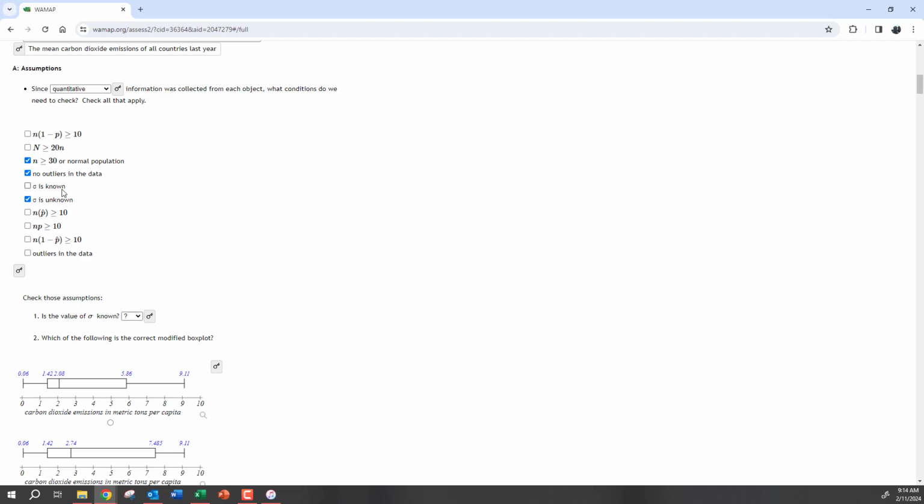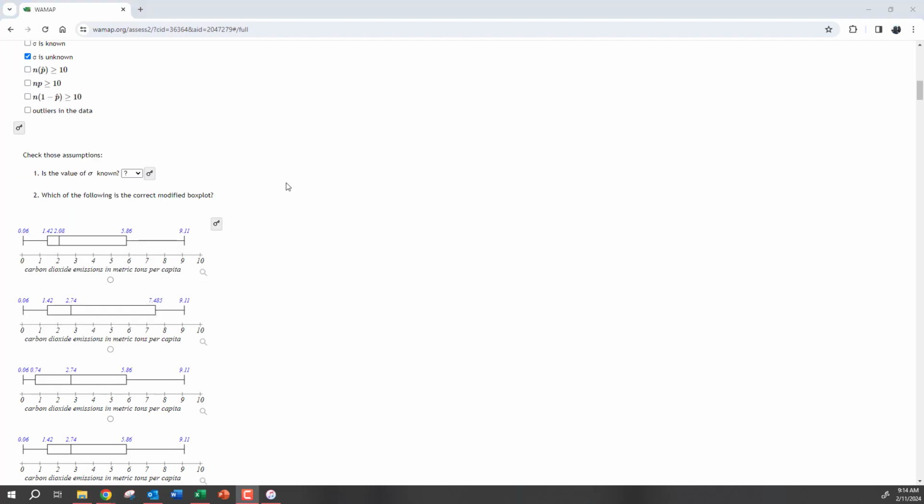But when sigma is unknown, as it is here, then we're going to do everything on the student's t, as in Thomas, curve. It looks just like the normal curve as far as it's a bell shape, but it's slightly different, and it takes into account that we don't know the standard deviation of our population. So that's basically what this is telling us, whether we're going to use the t or the z, and in this case, we're going to use the t.